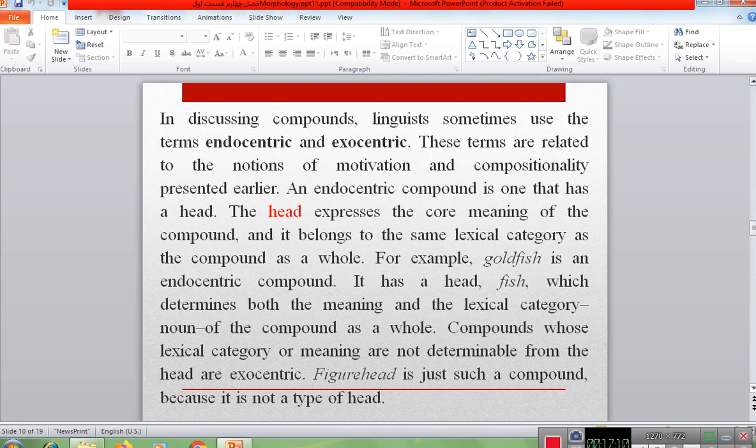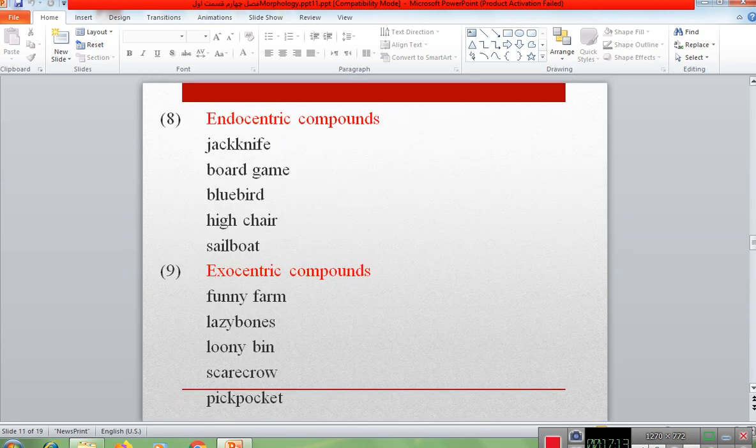In discussing compounds, linguists sometimes use the terms endocentric and exocentric. These are two phenomena related to compositional words. These terms are related to the notion of motivation and compositionality presented earlier. An endocentric compound is one that has a head. The head expresses the core meaning of the compound and it belongs to the same lexical category as the compound as a whole.